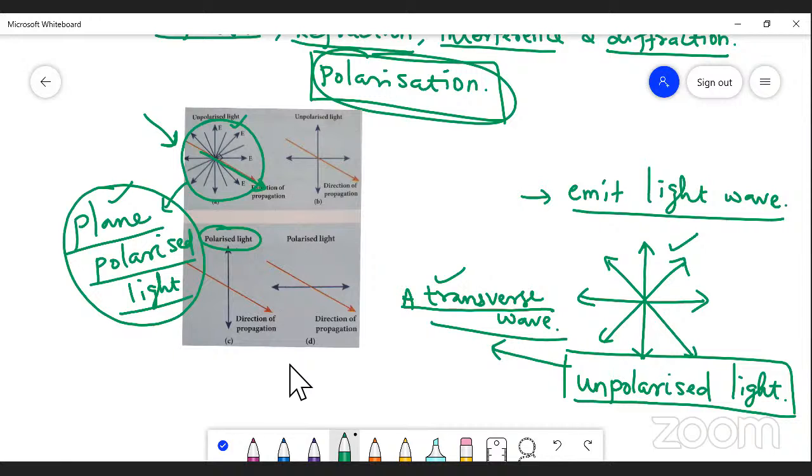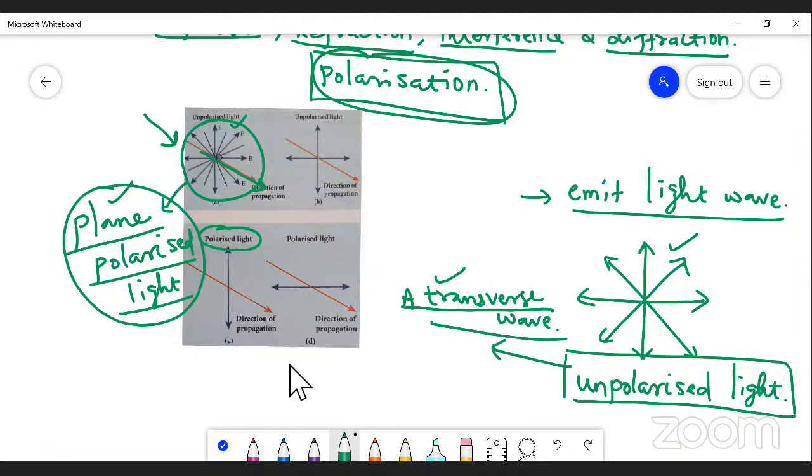So in unpolarized light, the vibrations of electric field and magnetic fields exist in more than one plane or in all possible directions in a plane. But in plane polarized light, the vibrations occur in only one plane or in a single direction in a plane. So this is the first point. Second point, unpolarized light is obtained from the common sources of light like incandescent lamp, fluorescent lamp, and also candles.